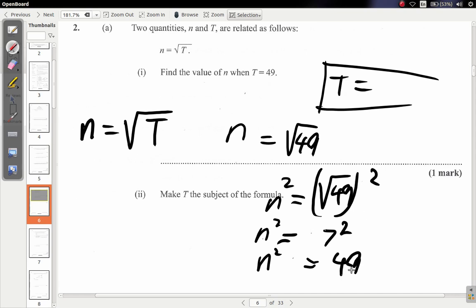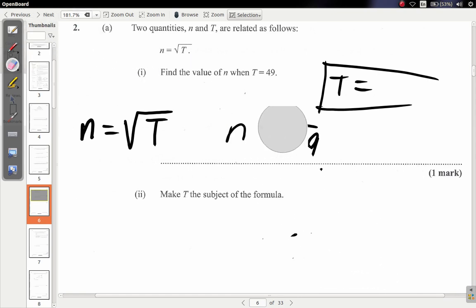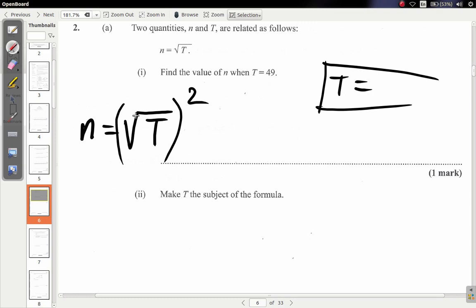So what happened now is this. You must square the square root. When you square this, the square and the square root undo one another, because they are inverses of one another.